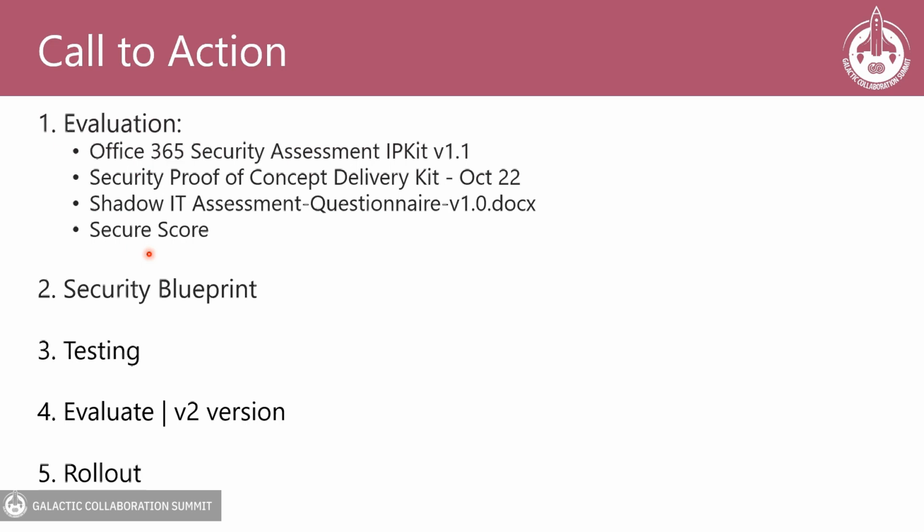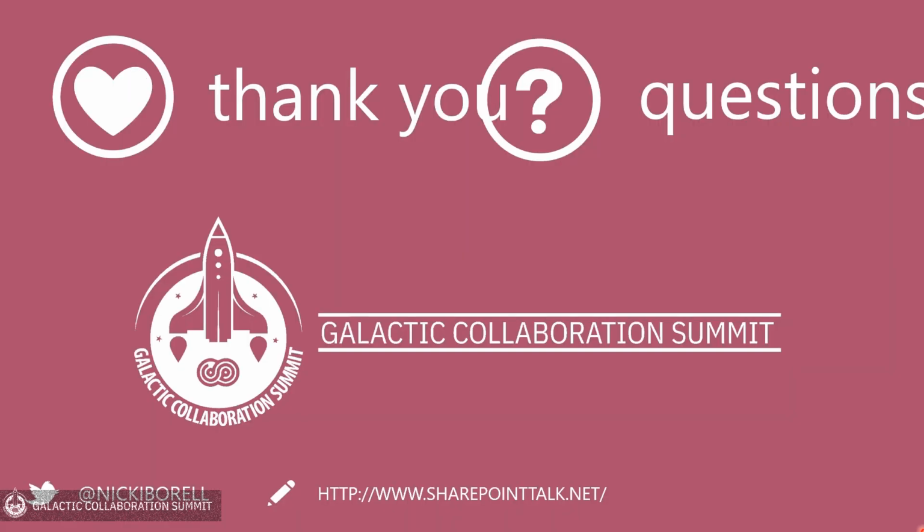Or you can work it out in a design sprint workshop, whatever works for you and your customer. Then the second step is a security blueprint. Aggregate all the scenarios, create a list of things you want to set up in the Azure portal, do the testing with some end users, evaluate it, maybe you have to rework some scenarios, and then do the rollout. With this, thank you very much.